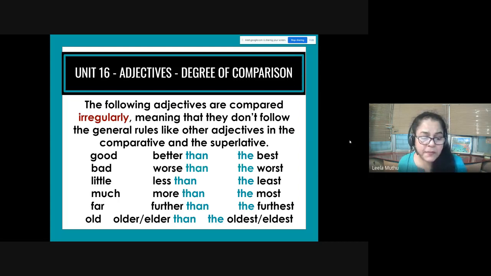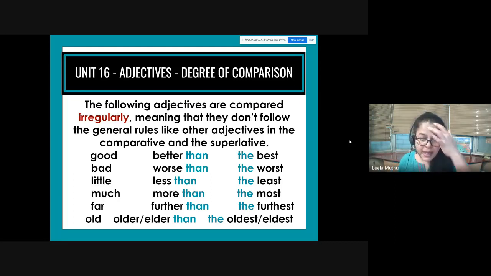Much. In the positive degree, much, more than, the most. Far, further than, the farthest. You don't say furthest. The farthest.